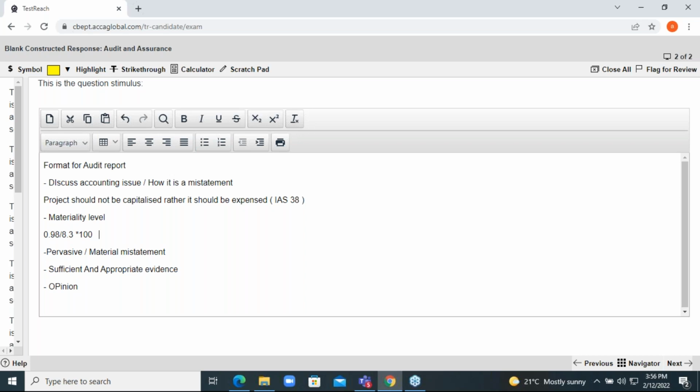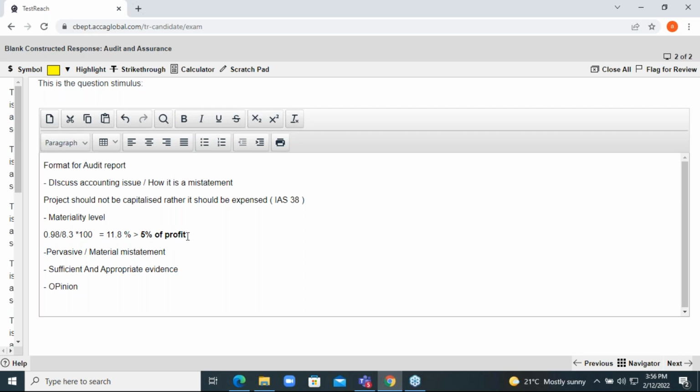We get the answer of 11.8%. So this 11.8% means that this misstatement is material because it is greater than the threshold of 5%. So 5% of profit is normally material. This is above 5% because it is 11.8%, so it is a material misstatement.